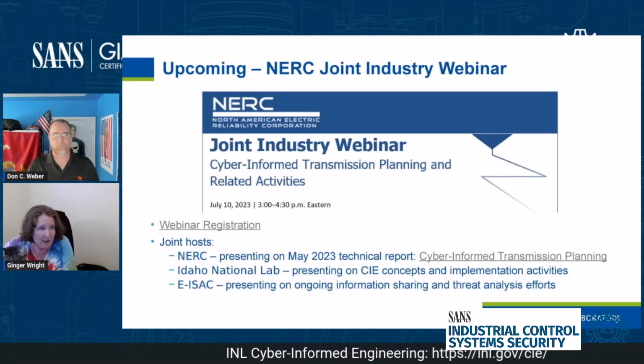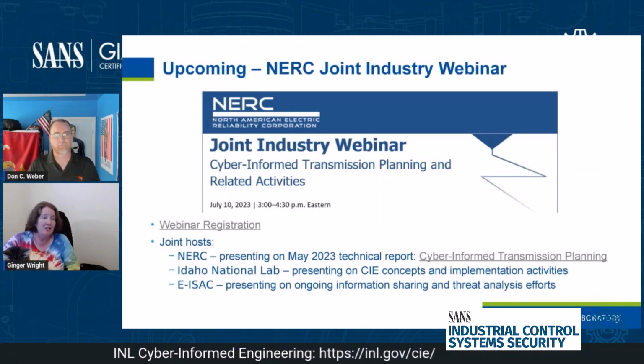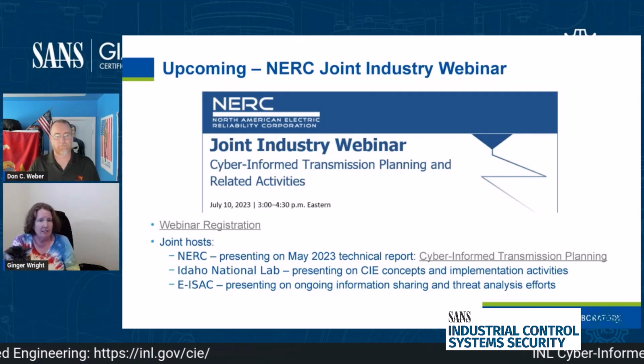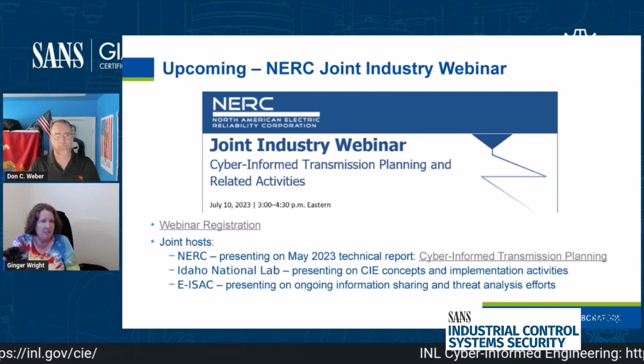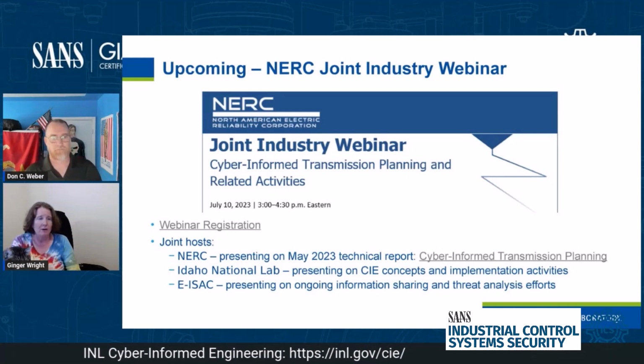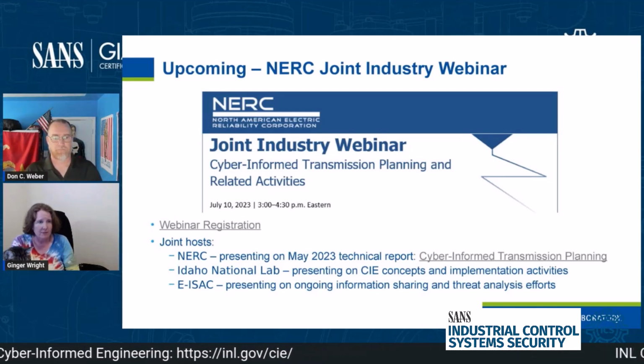So back to cyber-informed engineering, one really interesting thing that we have coming up, NERC released very recently a document on cyber-informed transmission planning. And when we think about transmission planning, this is very far out planning for where we might build substations in the future, where we might need equipment.